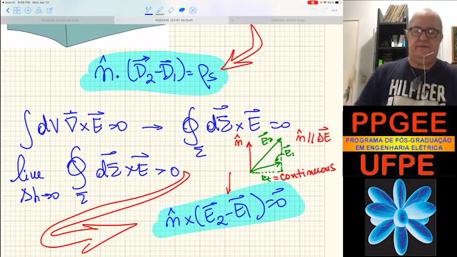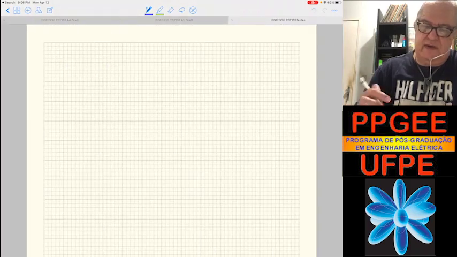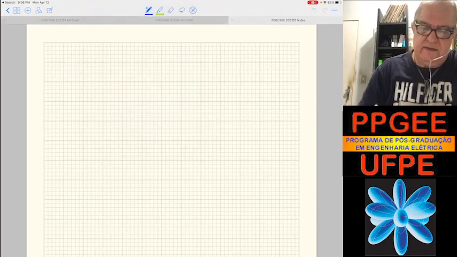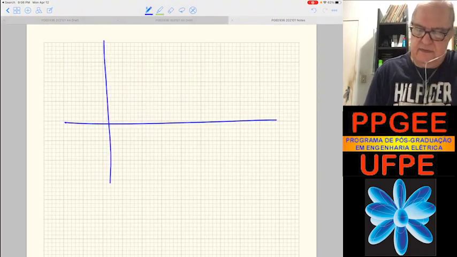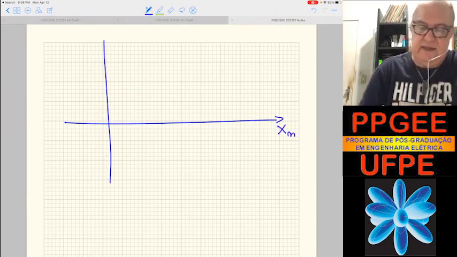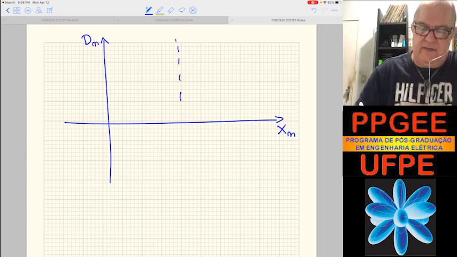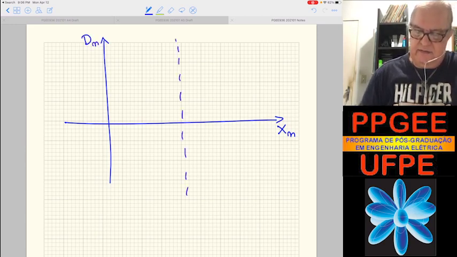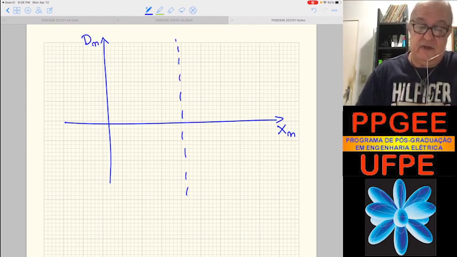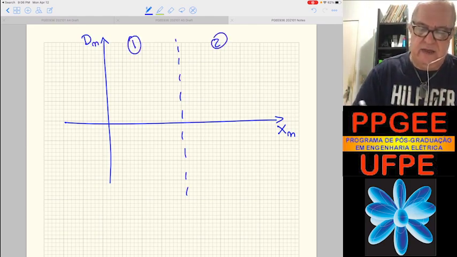Second property, just to illustrate, if you make a plot of the D field. Let's say this is the normal component of D. This is the boundary between the two regions, so we have two different functions, region 1 and region 2. Function 1 might be something like that.